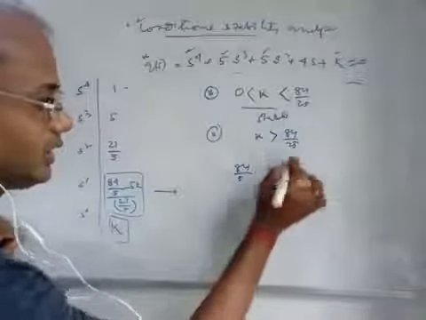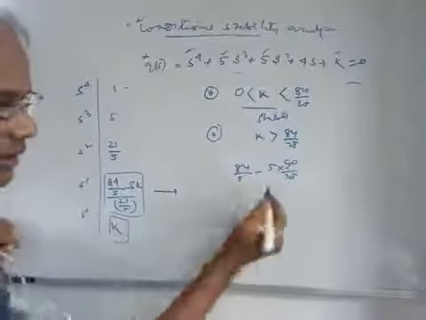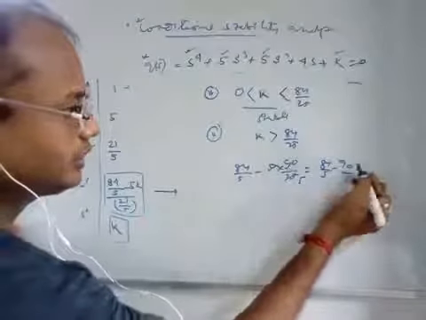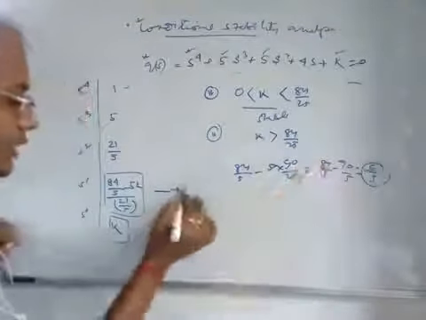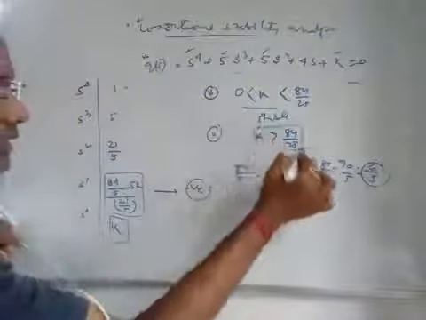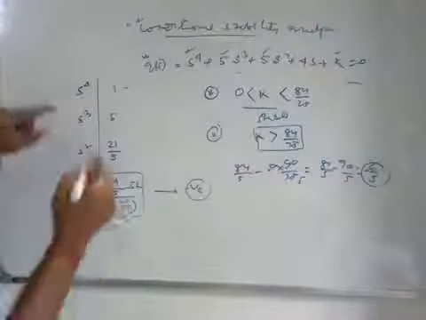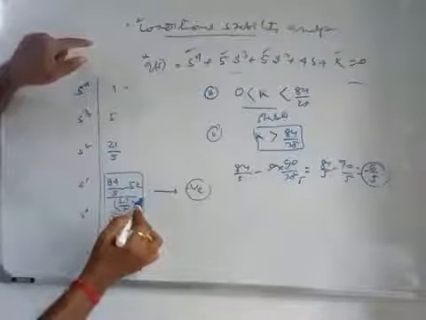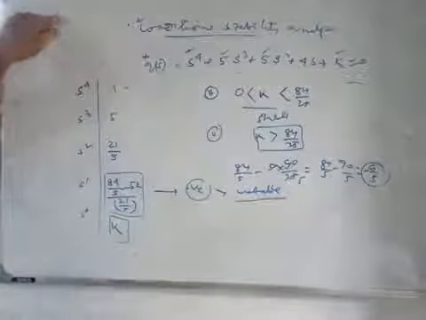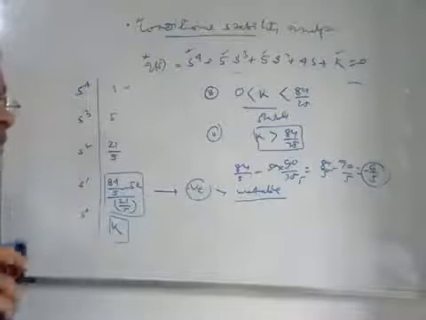As k is greater than 84 by 25, we may call it 90 by 25, say. So this is equal to 84 by 5 minus 90 by 5, that is minus 6 by 5. So this element is negative. When the gain k is made greater than 84 by 25, the element in the first column becomes negative, so the system is unstable.